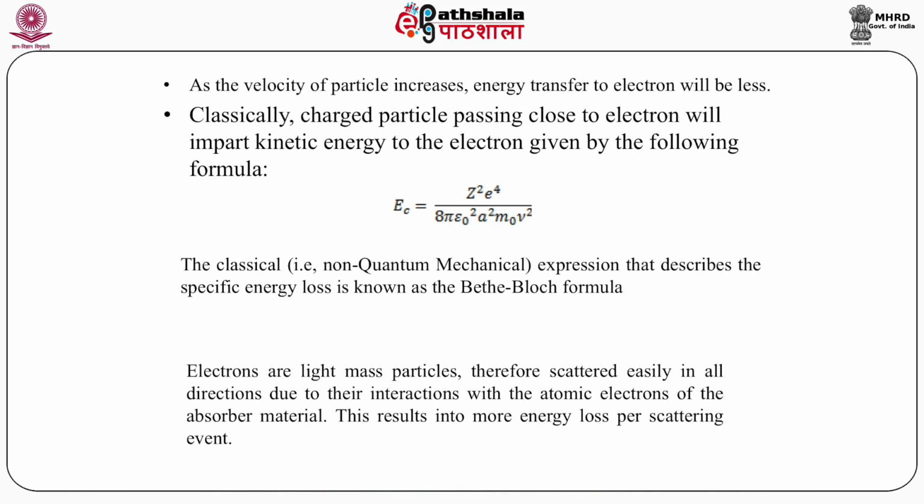Electrons are light mass particles, therefore they are scattered easily in all directions due to their interaction with the atomic electrons of the absorber medium. This results in more energy loss per scattering event. But this is not the case in heavy charged particles.